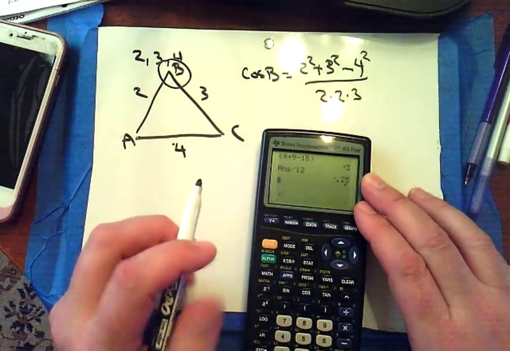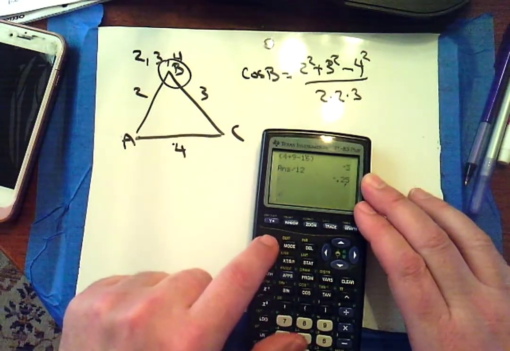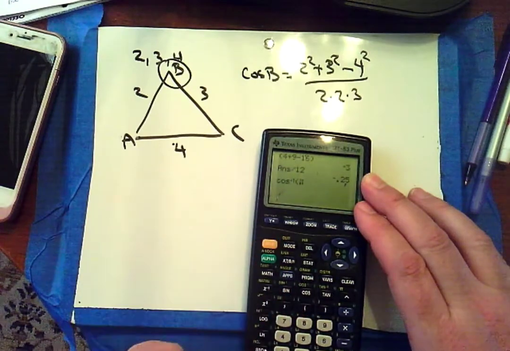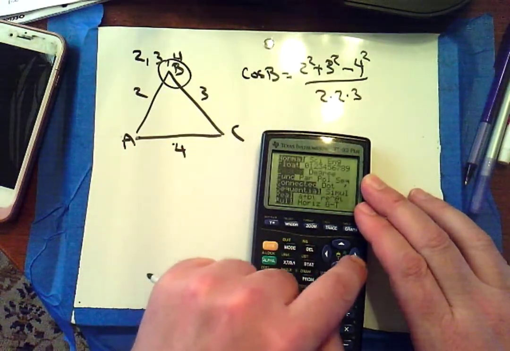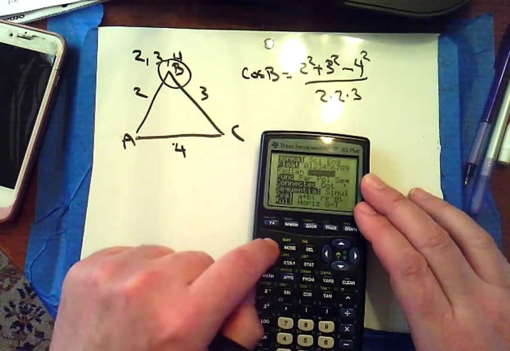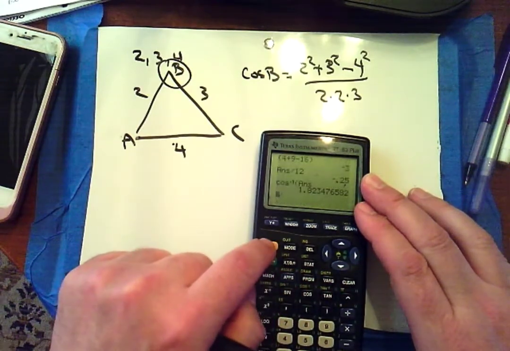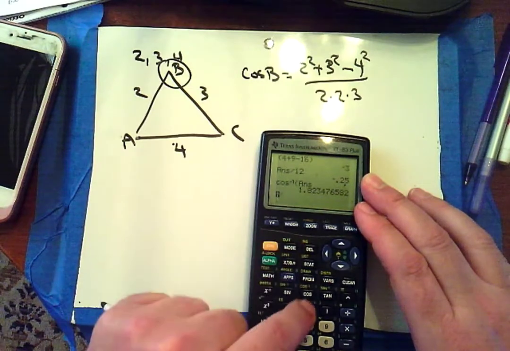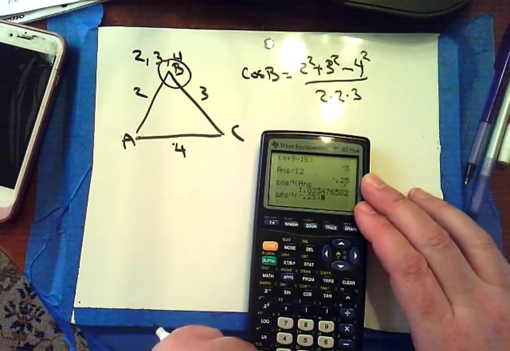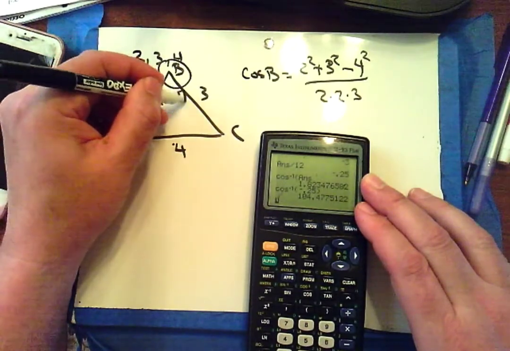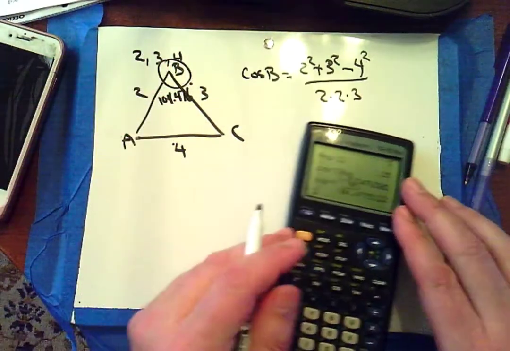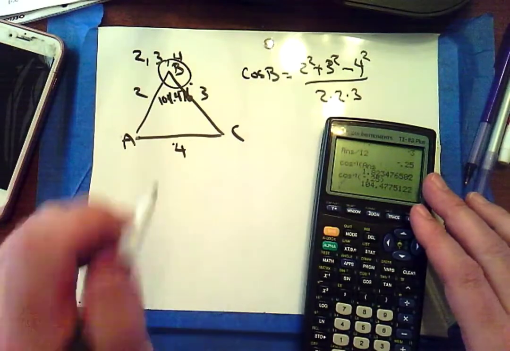And so I get negative 1/4. But that's what cosine of B is, so I need to do the inverse cosine of that number. Oh, and I'm in radians because I was doing some graphing of trig functions. Okay, let's try again. Inverse cosine of negative 0.25, and I get that this is 104.476 degrees.